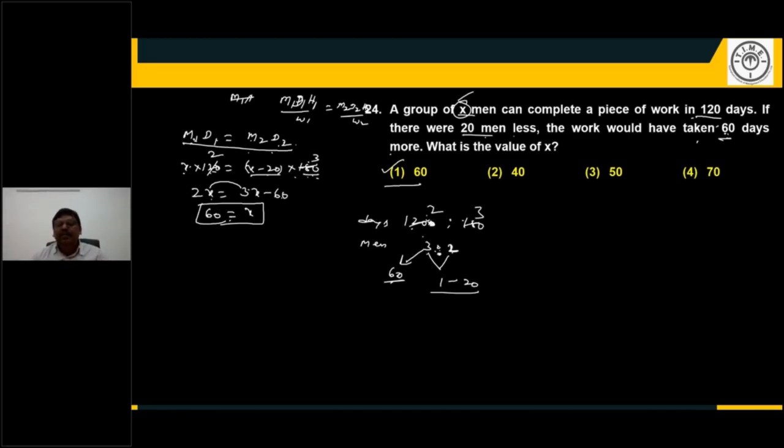The number of days are 2:3, means the number of men is 3:2. The difference is 1 share, the difference between 3 parts and 2 parts, 1 part. The difference between the men is 20 men. 1 part is 20 men, means originally I have 3 parts, which is 60 men. This is a logical way of doing it without writing. Okay, so that's about the 24th question.